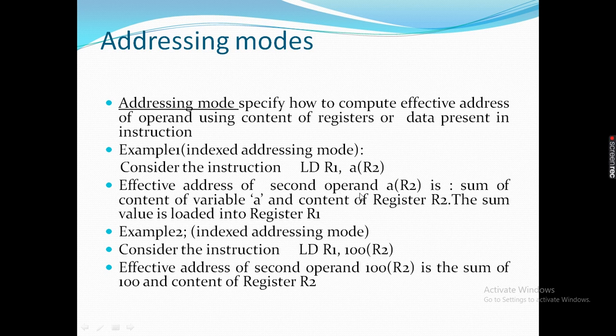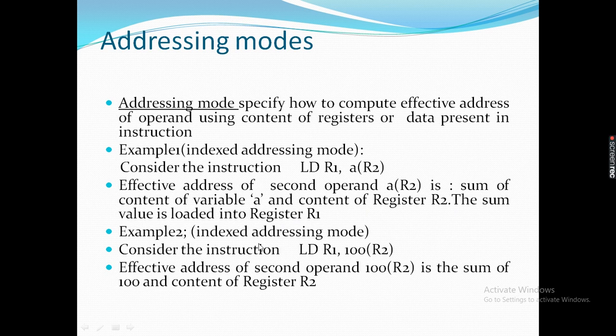Here the effective address of the second operand is the sum of content of variable a and the content of register R2. The sum value is loaded into register R1.